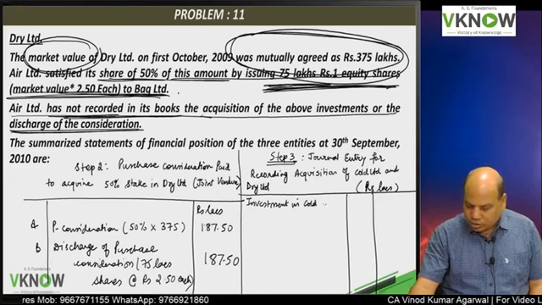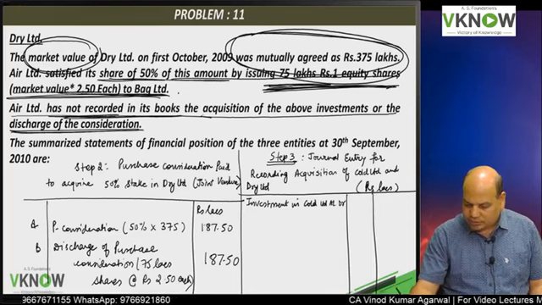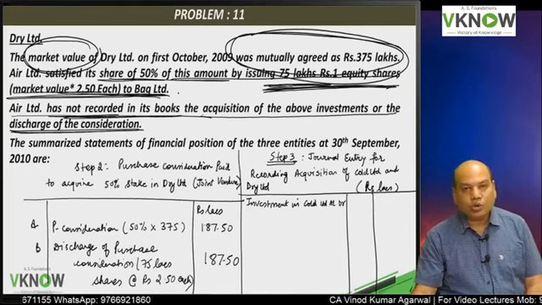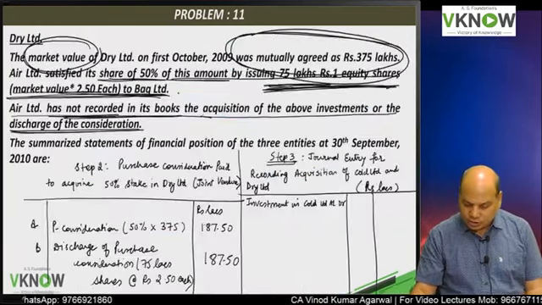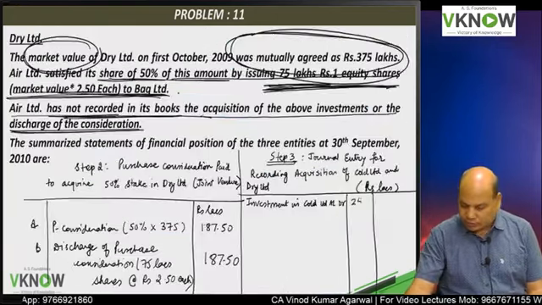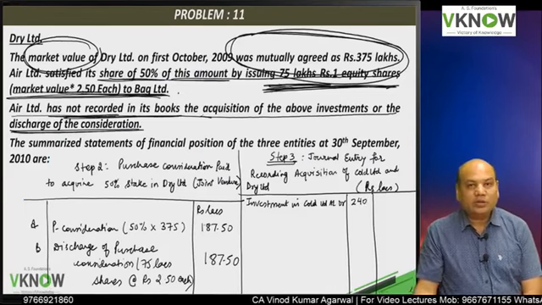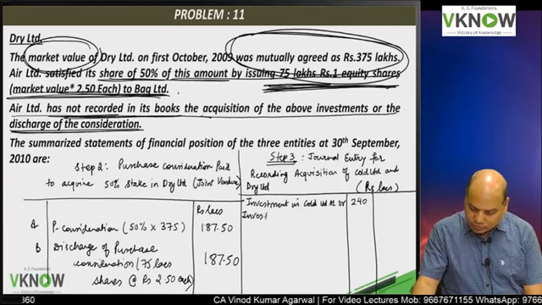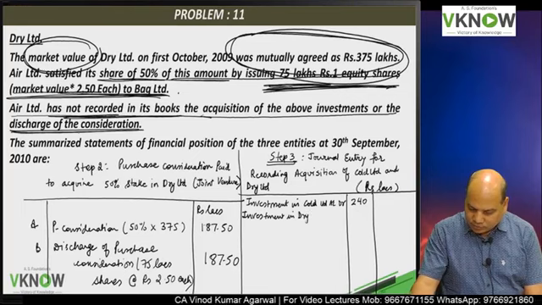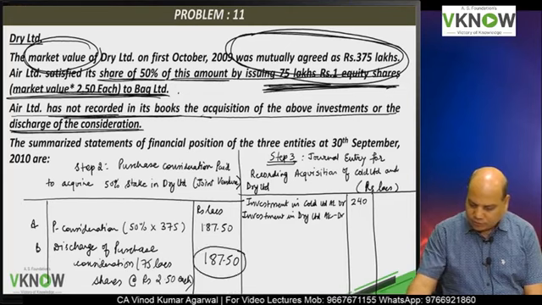Investment in Cold Limited account debit. So you have paid 240 lakh, so the value of investment in Cold Limited is 240 lakh. Then write down investment in Dry Limited account debit, 187.5.